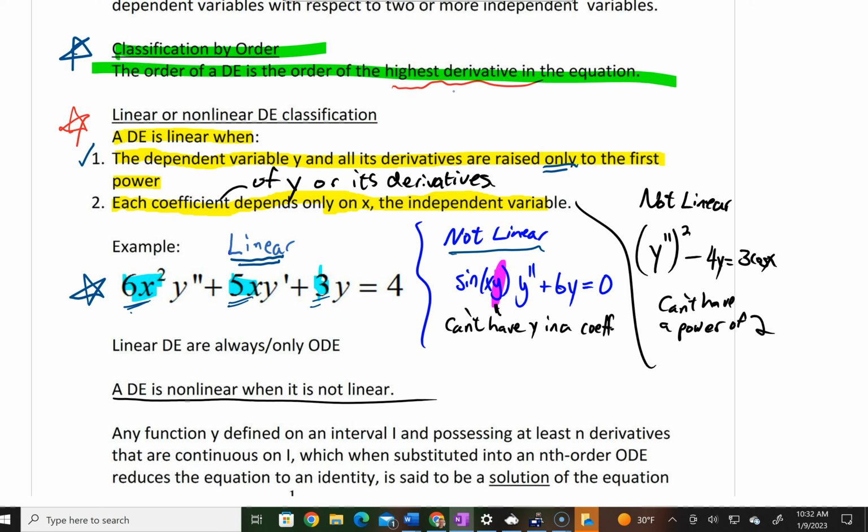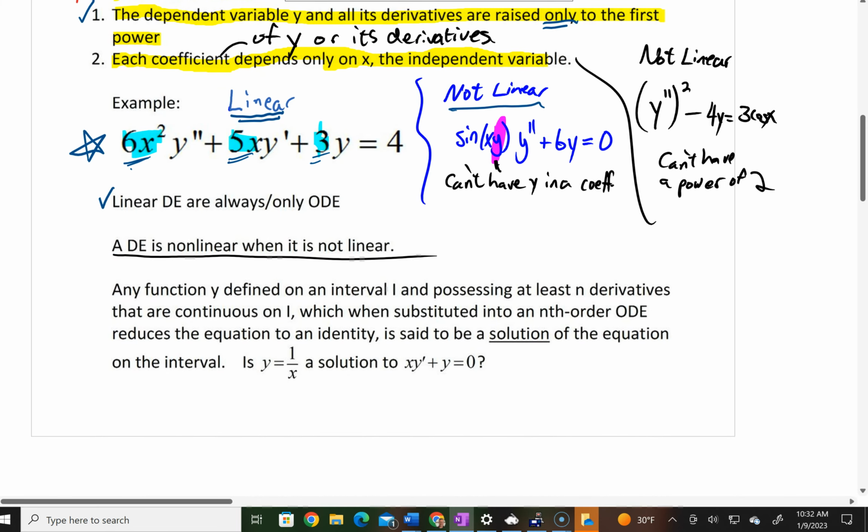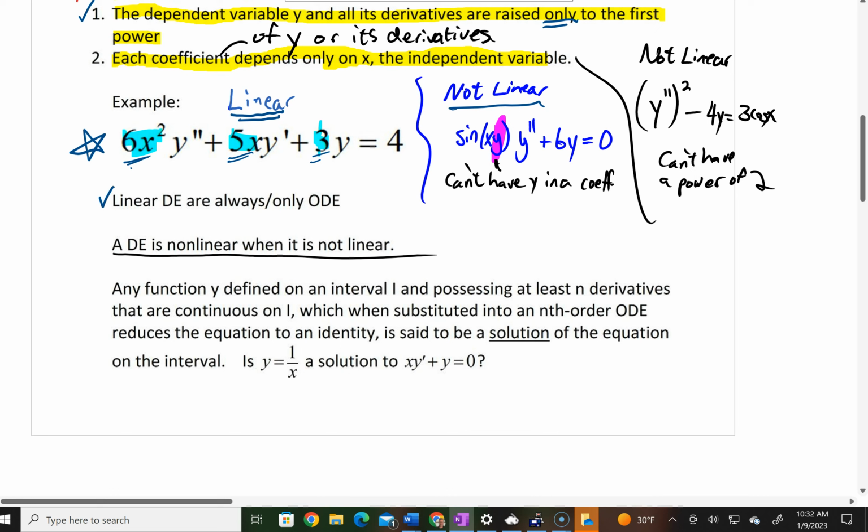Linear differential equations are always and only ordinary differential equations. So if you meet the criteria to be a linear differential equation, you won't have partials, right? I only bring this up because partials are a whole other animal, but everything we're doing is just ordinary.